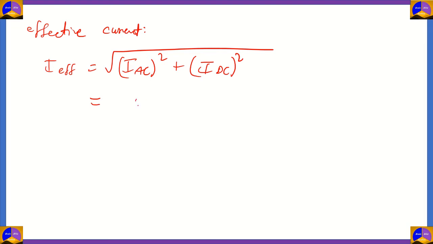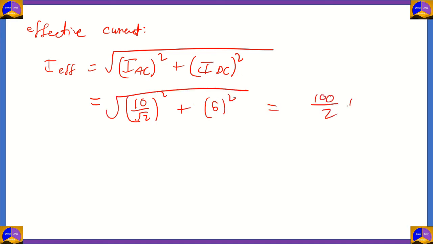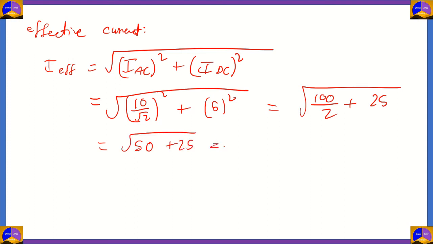Now I_AC is 10 by root 2, that is squared, plus I_DC is 5, that is also squared. So therefore you get 100 by 2 plus 25, put that under a root, you get 50 plus 25 under root, so that is root 75.